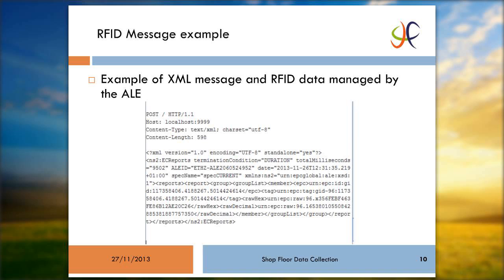And in this slide we can see an example of an XML message managed by the ALE server. As you can see, it is an HTTP POST, and in the XML file we have the different information that we are retrieving for the RFID tag.